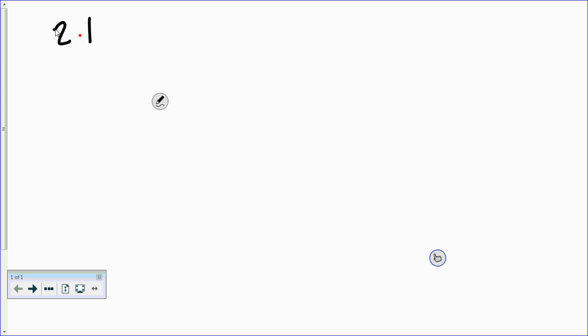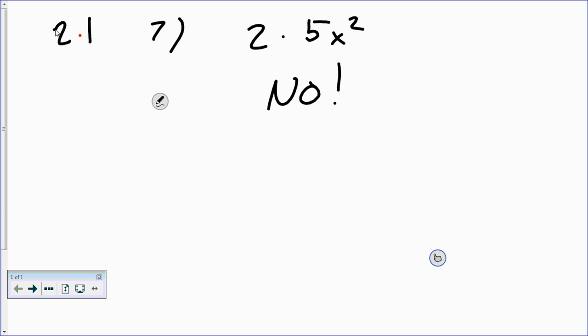What are we up to? We're up to number 7. It says, which of the following is a binomial? A lot of you might say answer 1 because it says 2 times 5x squared. No, this is not a binomial, because again, we can simplify that. This is 10x squared, which is a monomial.